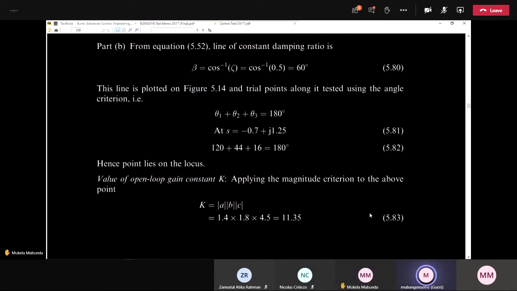So okay, let's try something. I hope this works. So you see, Mukela, what you're doing is you can see that beta is 60 degrees, right? Sure. Okay, so let me just draw this quickly.